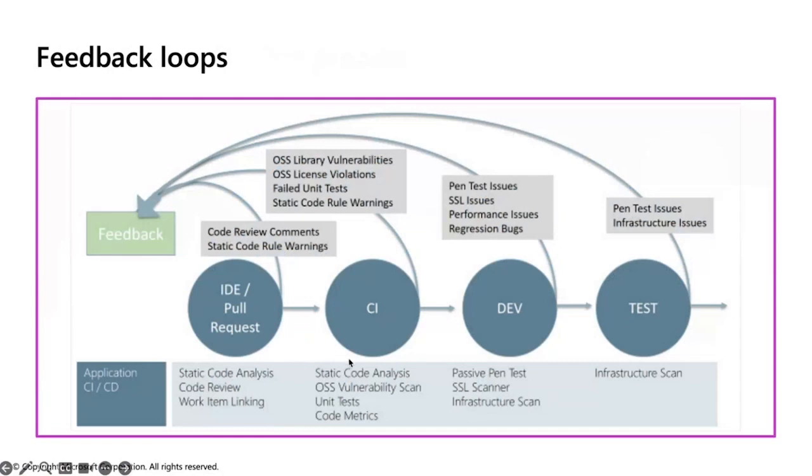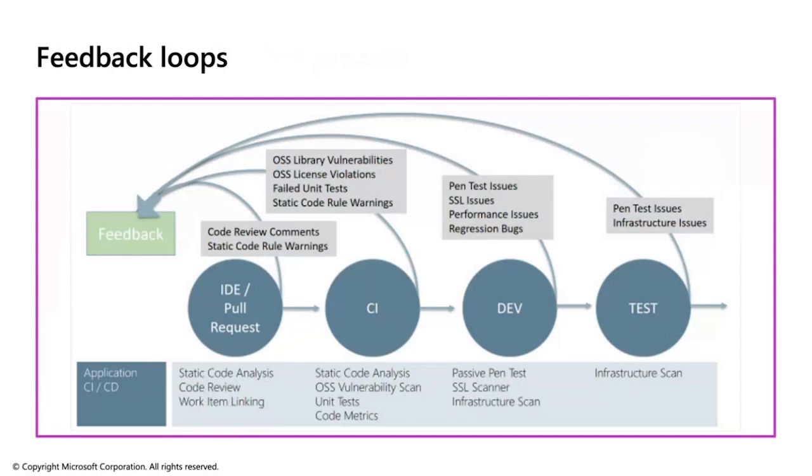For all these stages where applications are being developed, we can use different kinds of security testing options here. We have static code analysis, code review, work item linking, OSS vulnerability scan, passive pen testing, and infrastructure scan.